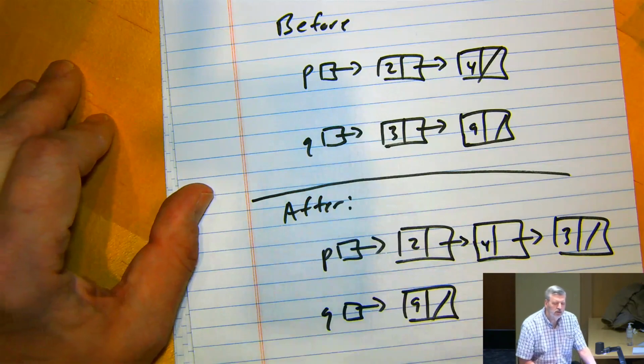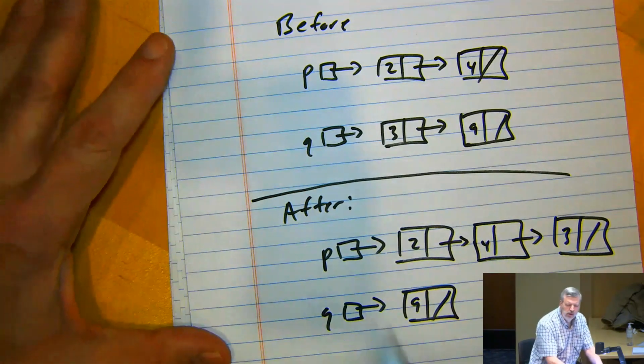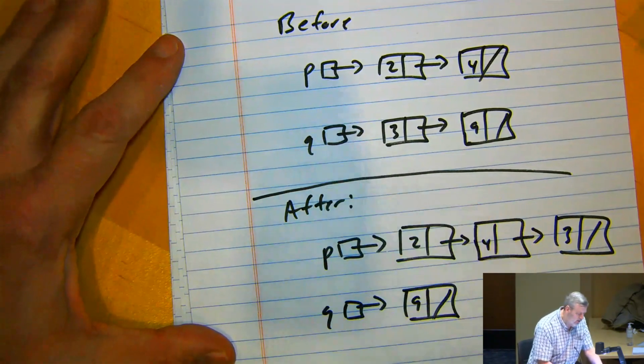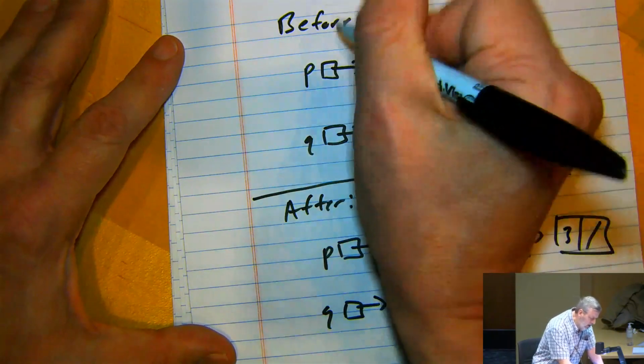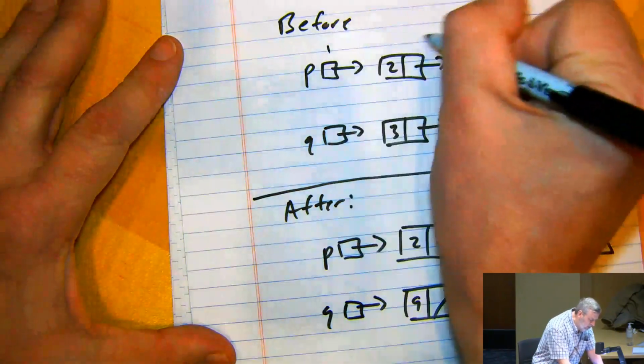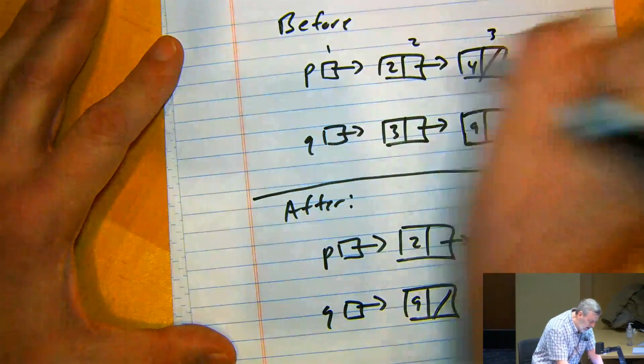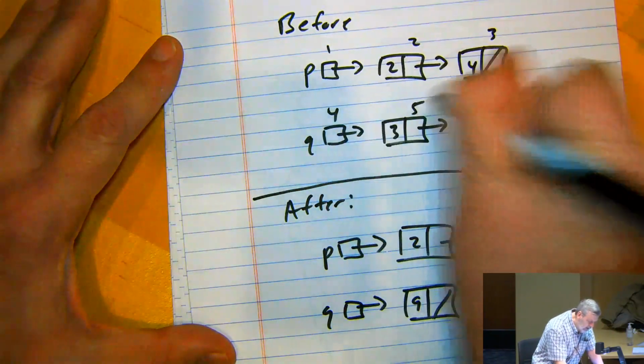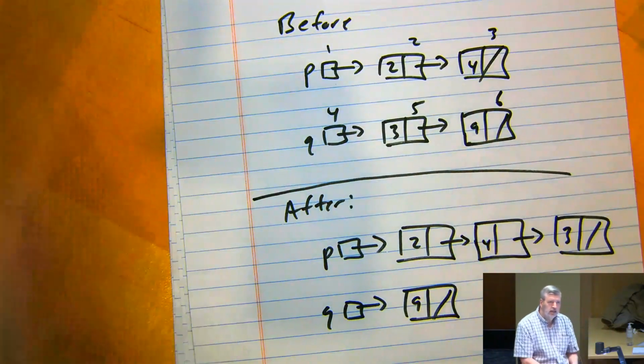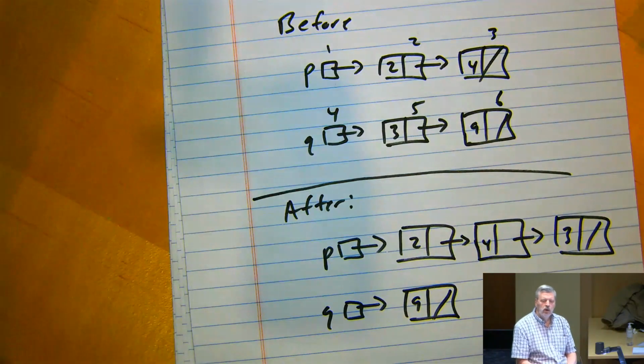You'll see that's the way jGRASP draws the picture too; they don't draw the little boxes that I draw. But let me go ahead and number these: 1, 2, 3, 4, 5, 6. So I would say that there are 6 different places where we can store a reference to a list node.